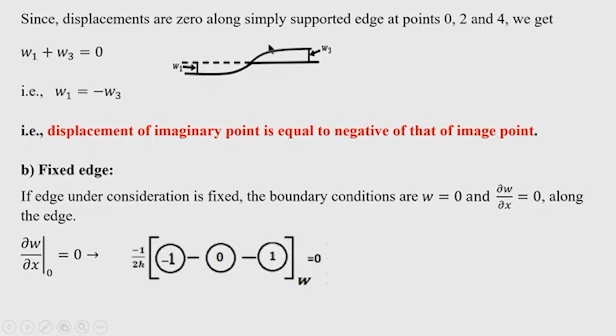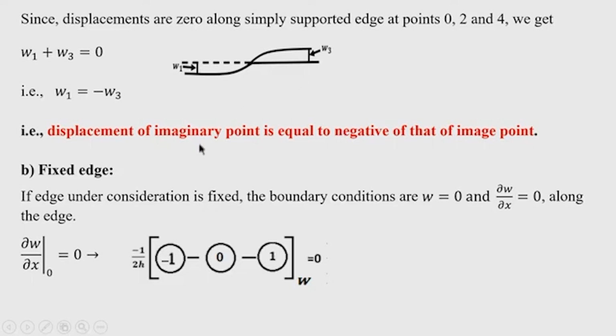So, W 1 plus W 3 equal to 0, and W 1 will be minus of W 3. The deflection of the imaginary point is expressed in terms of the deflection of the real point like that. The displacement of the imaginary point W 1 is equal to the negative of the displacement of the image point.